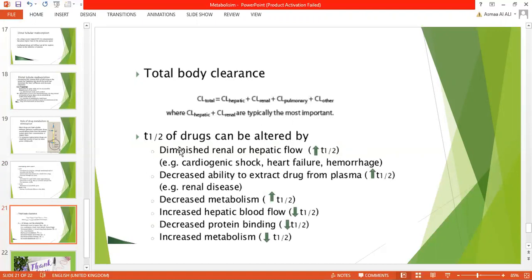The half-life of drugs can be altered by diminished renal or hepatic flow, which causes increased half-life, for example in cardiogenic shock, heart failure, or hemorrhage. Decreased ability to extract drug from plasma will increase the half-life in case of renal disease. Decreased metabolism increases the half-life. In some cases it will decrease the half-life of drugs, such as increased hepatic blood flow, decreased protein binding, and increased metabolism.